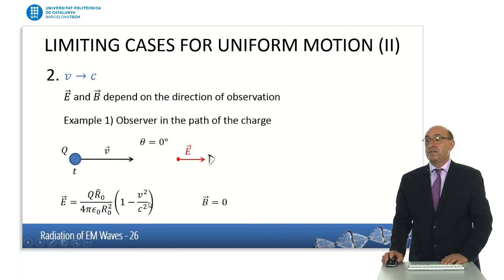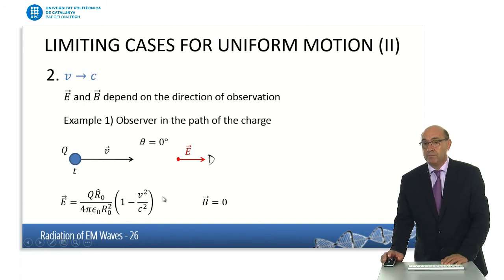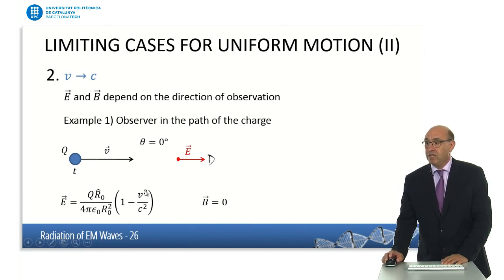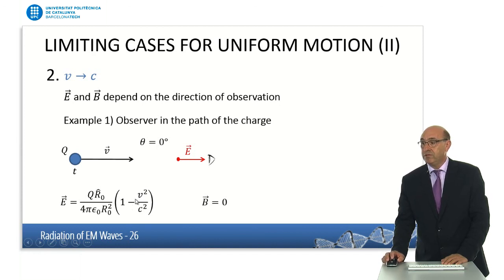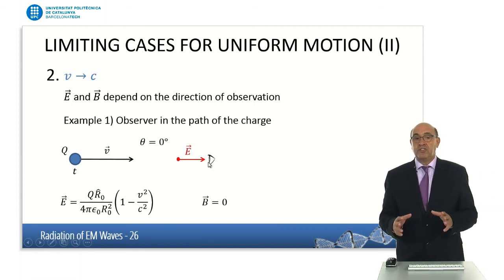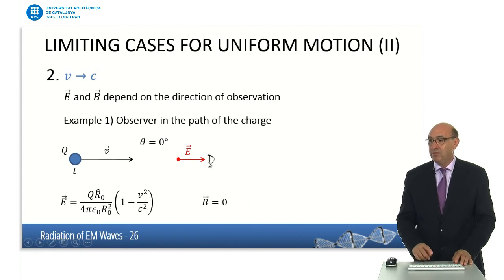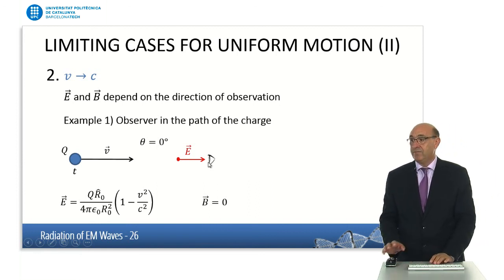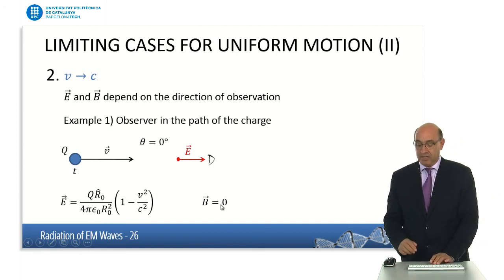And this is the value of the field. Depending on the velocity, if this is close to the velocity of light, this thing is closer to 0. So we have very weak fields in the direction of travel of the charge. I'm talking about a general charge, but in most cases you may say this is an electron, which is probably the most usual case. And there is no magnetic field in this case.